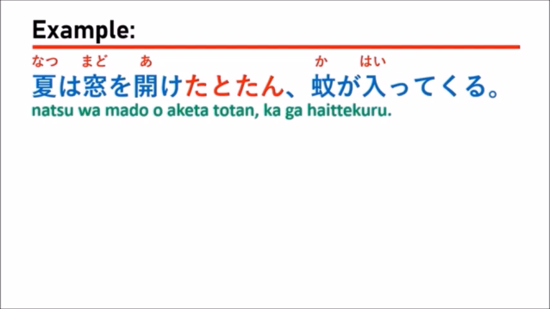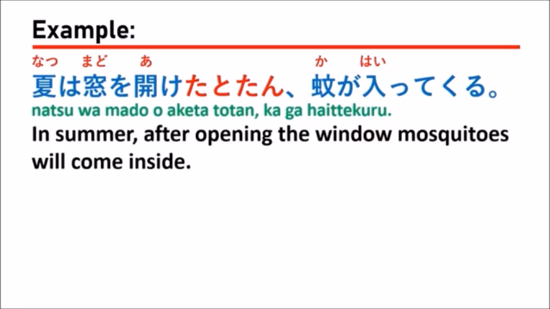So let's see the next example. 夏は窓を開けた途端、蚊が入ってくる。Which means, in summer, after opening the window, mosquitoes will come inside. In this sentence, it's just like the last example we studied.